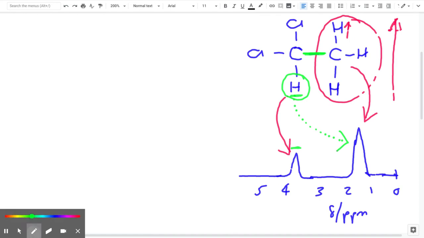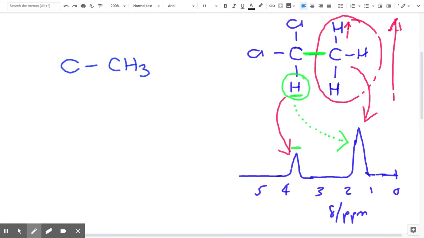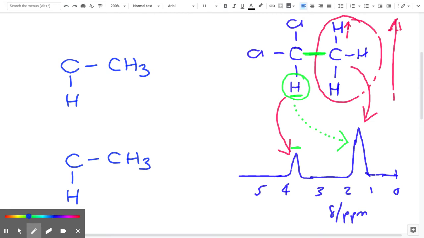So if we look at this molecule in a little bit more detail, and we just say that those are literally just a CH3 now, and we look at this specific proton, there are actually two specific ways that this proton can exist. If you remember, what we were talking about before was that the spin of the proton, like an electron, can align itself with the magnetic field, and all the examples we've done today have done that.